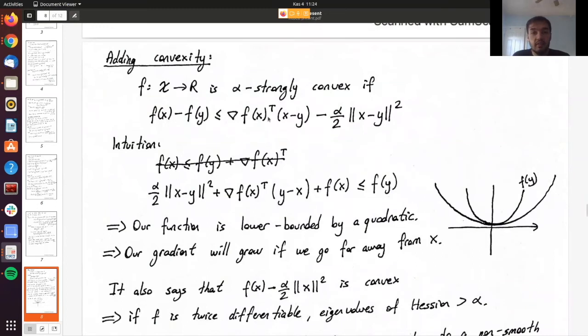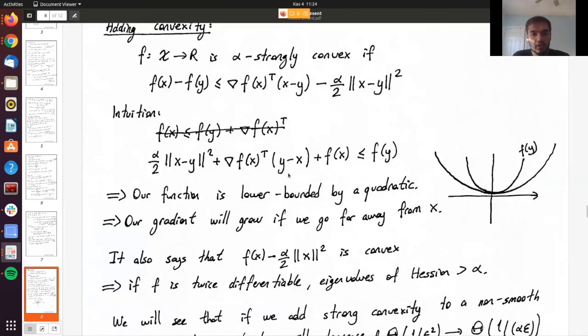And here is the definition of alpha strongly convex, which is this. So let's get the intuition for this one as well. Our function f(y) is always bigger than a quadratic function.